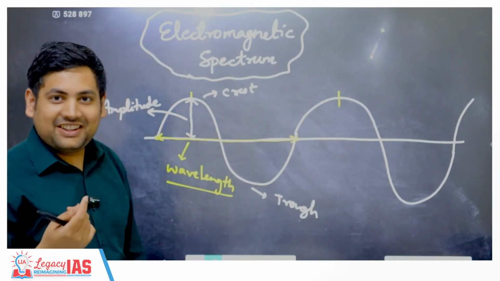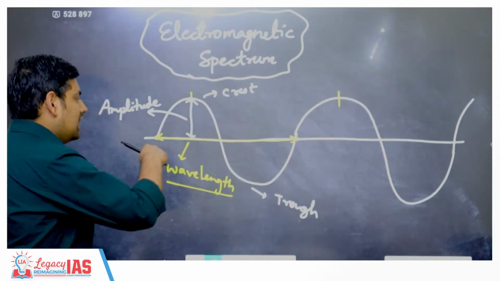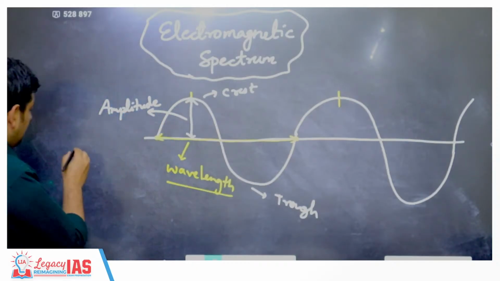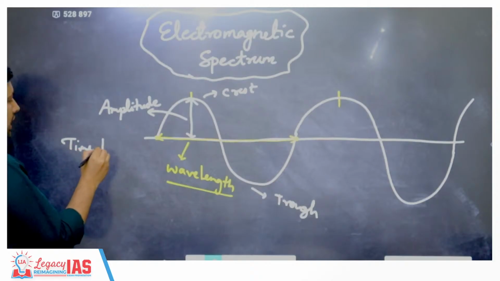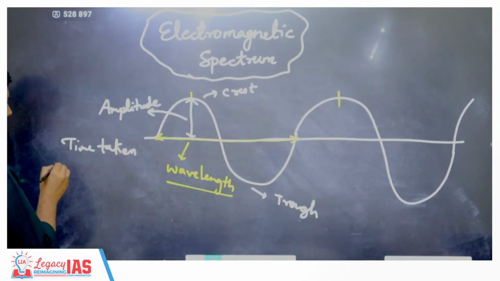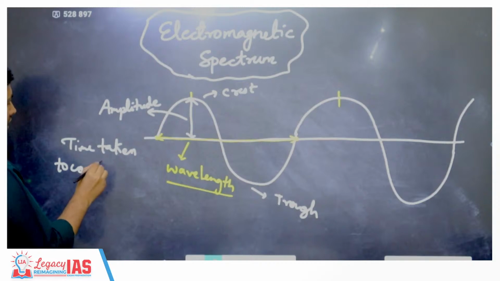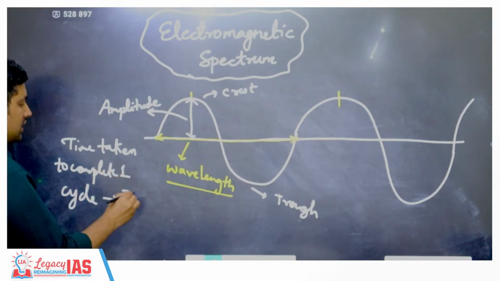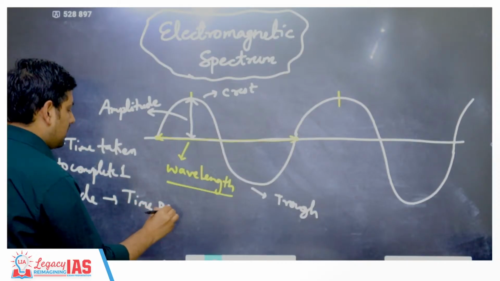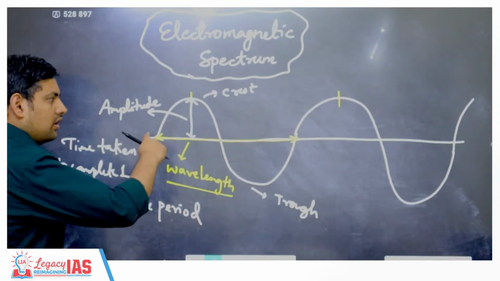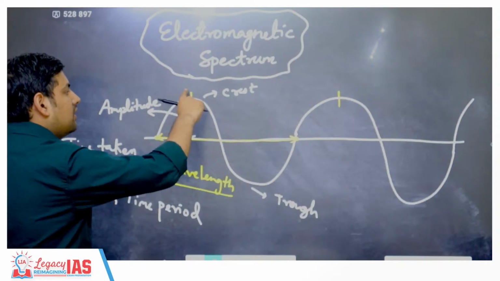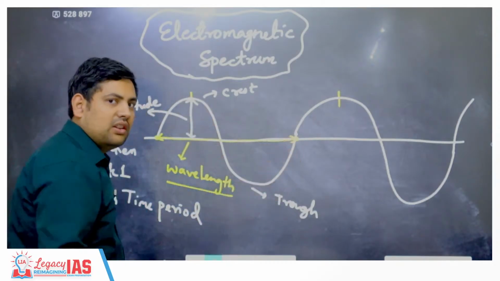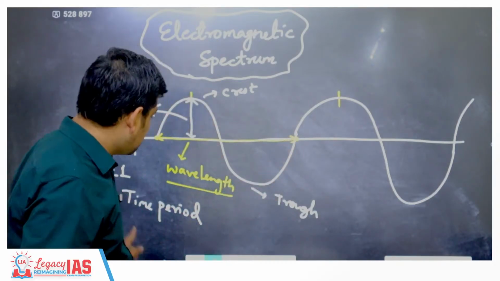Then another term is the time taken to complete one cycle. Time taken to complete one cycle is called time period. So if a particle has to travel from here to here, the time it takes is called the time period.